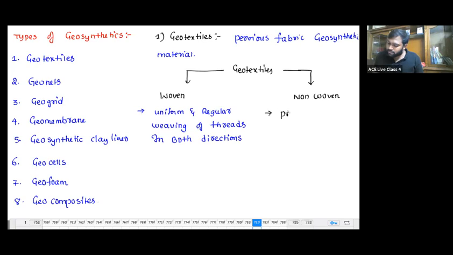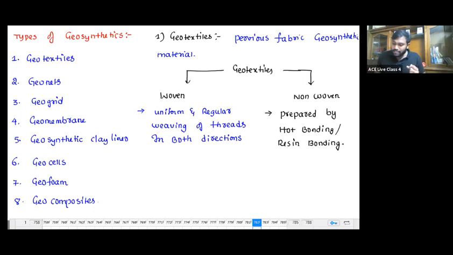Non-woven ones are prepared by hot bonding or resin bonding.